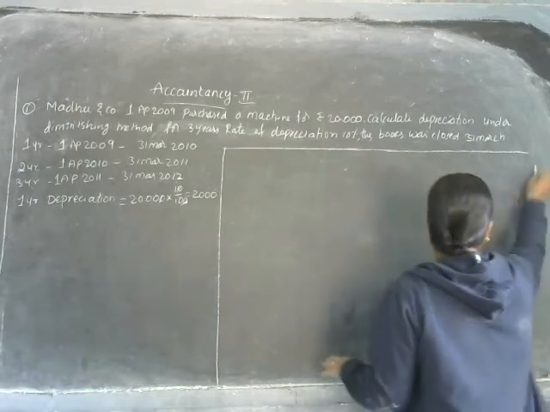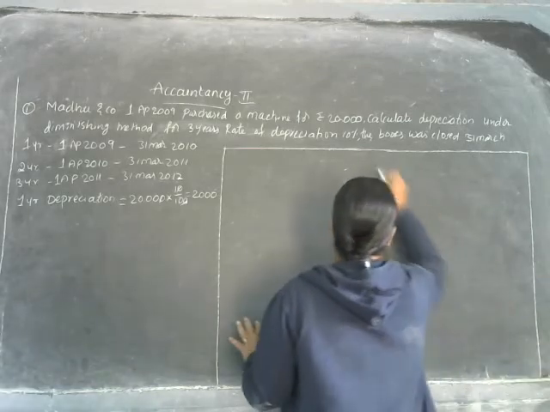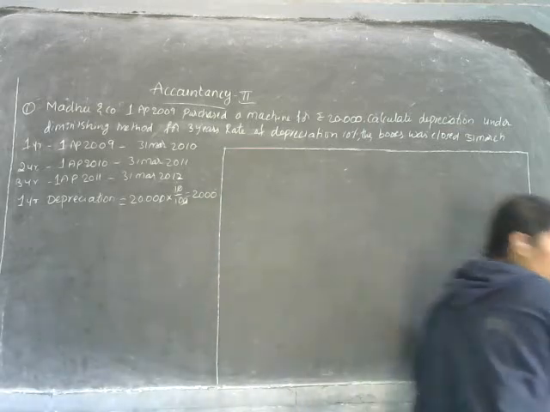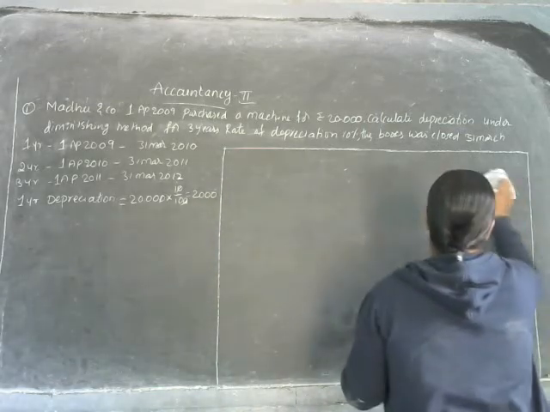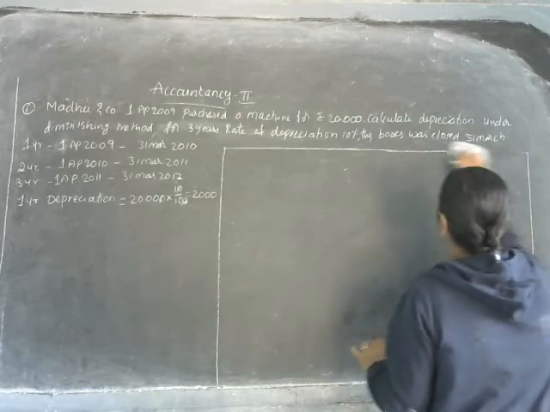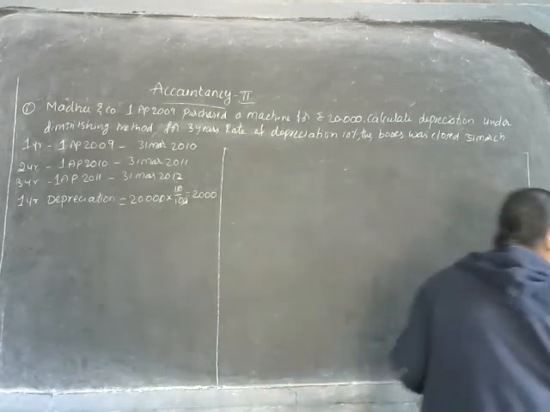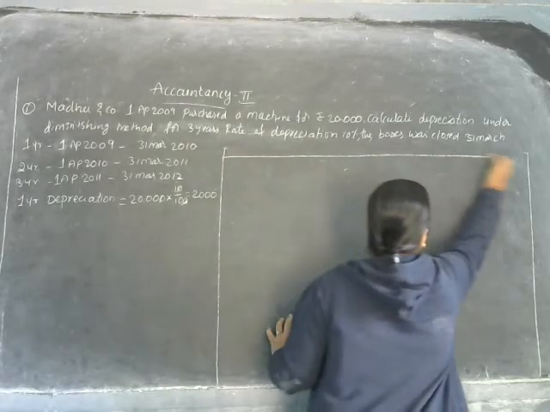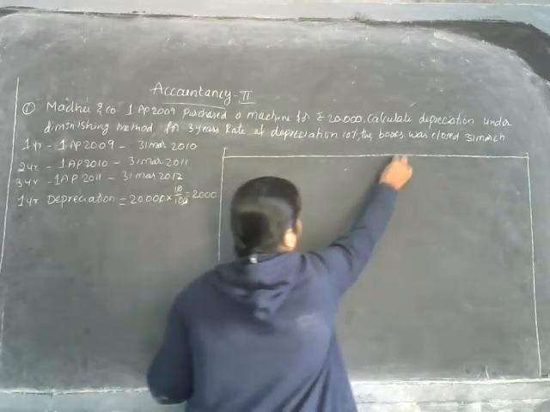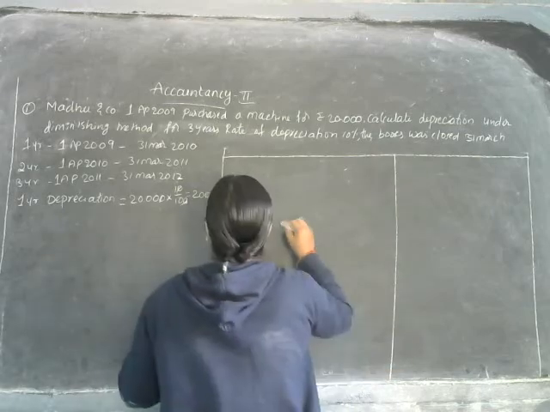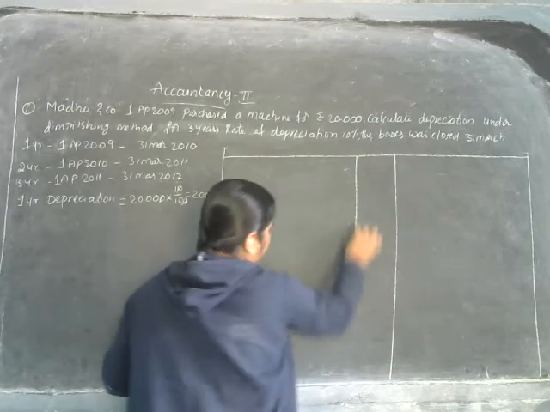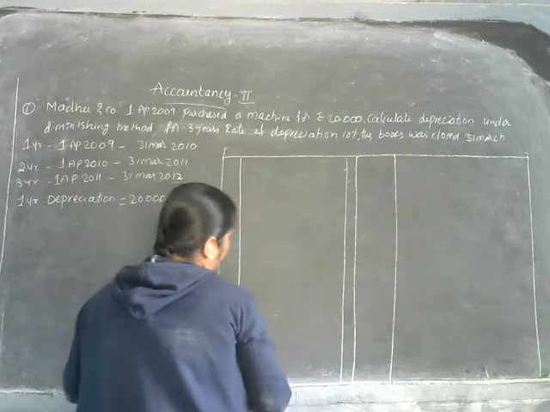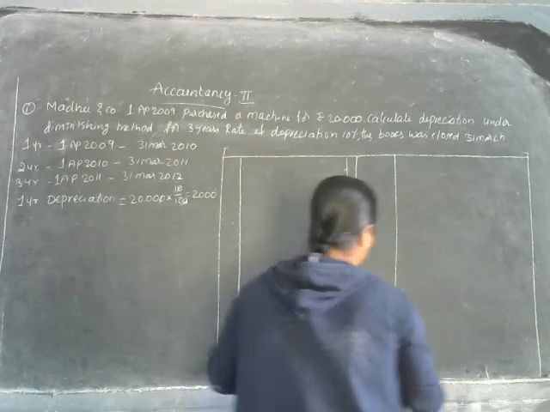Okay, then open the account first of all. So it is a machinery account only. This is amount column, particulars column, and date column.